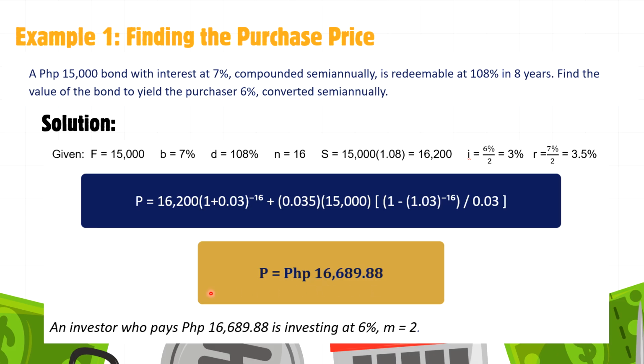So an investor who pays 16,689 pesos and 88 cents is investing at 6% semi-annually.